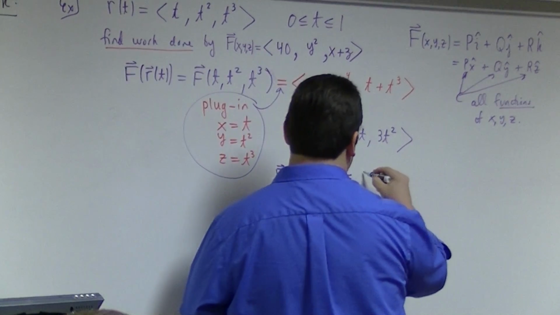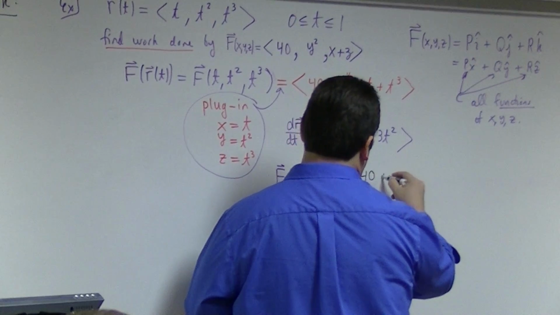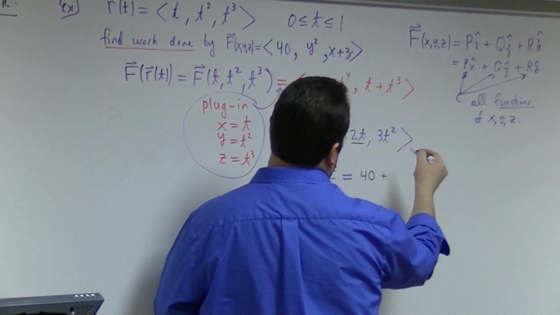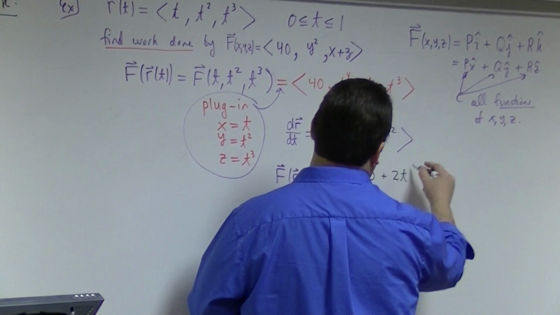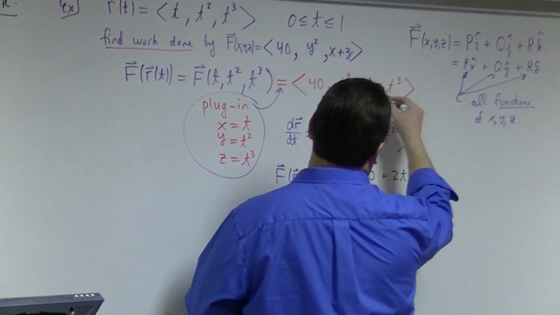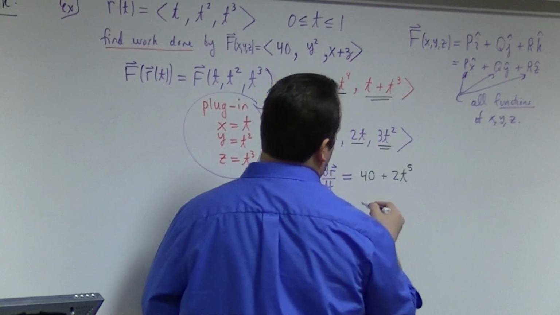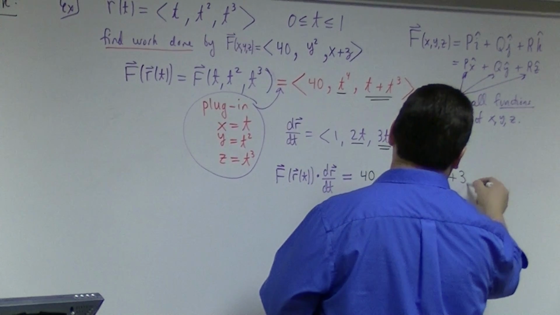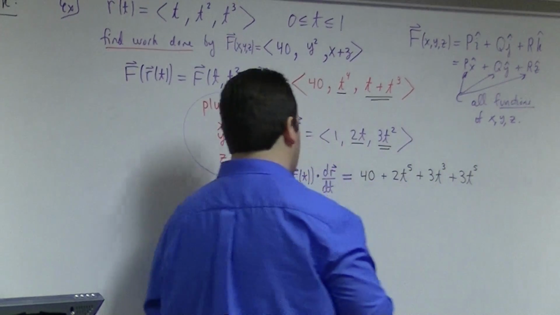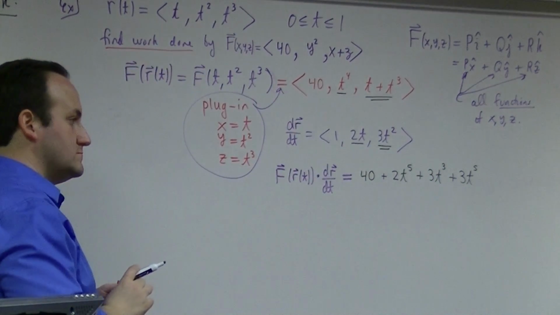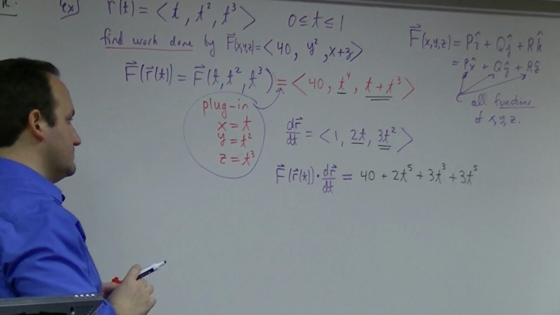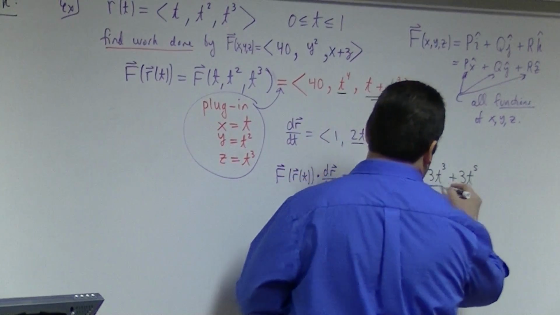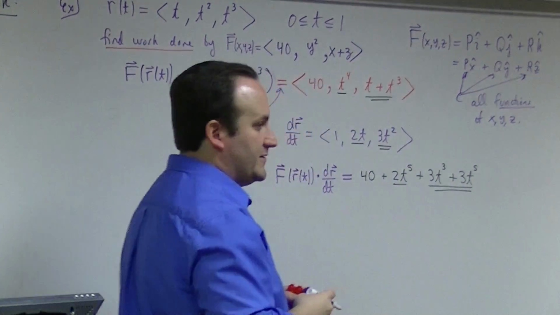So I get 40 plus t to the fourth times 2t gives me 2t to the fifth, and this and that give me plus 3t cubed plus 3t to the fifth. Some strategically placed underlining shows you the source of the terms.